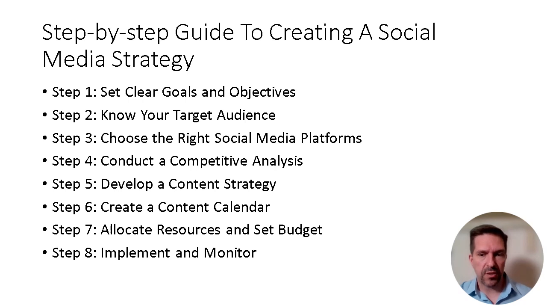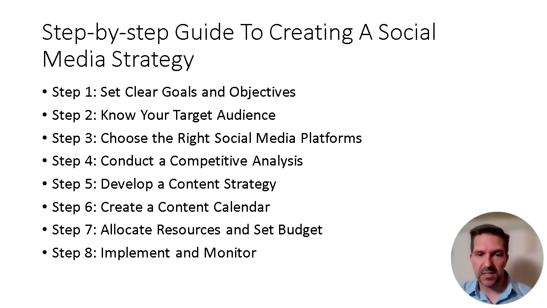Step 4 is make sure that you know what your competitors are up to so that you can find alternative ideas to basically boost your own engagement. Step 5 is to develop the actual content that you're gonna use for your social media.